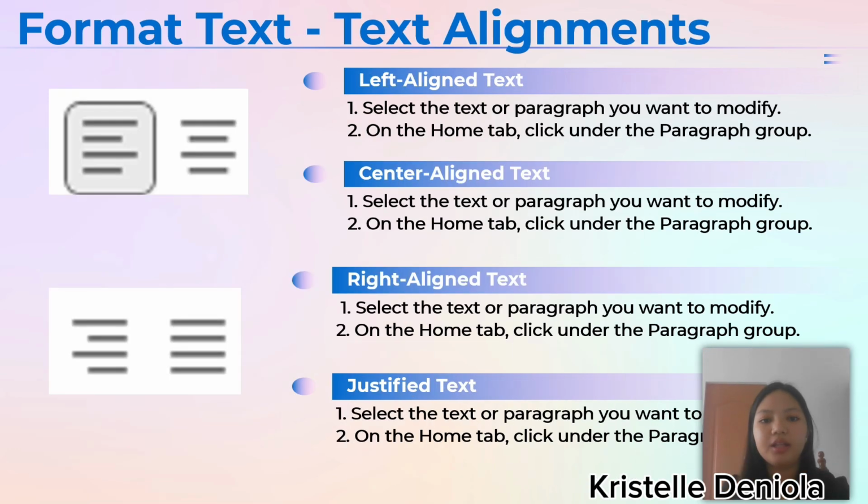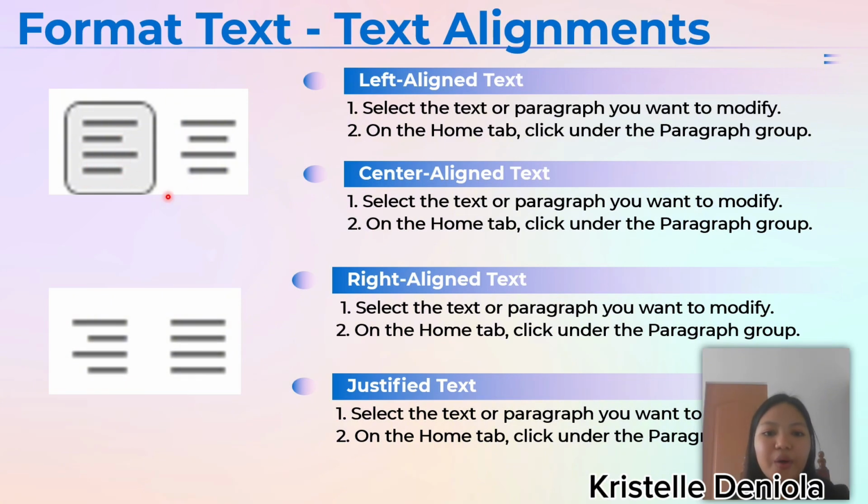Now let's move on how to align text. First is you need to select the text or paragraph you want to modify. Go to Home tab on the ribbon and click the desired alignment button in the paragraph group. For example, if you want the text left aligned, we will just click this button.